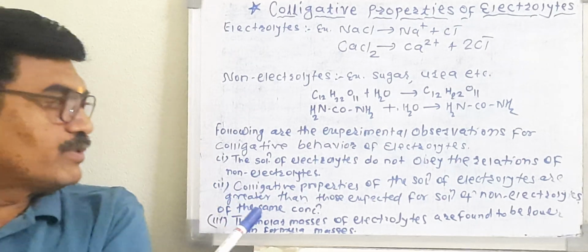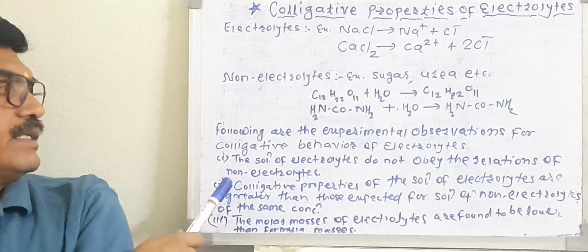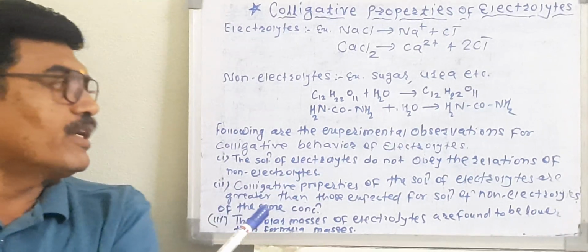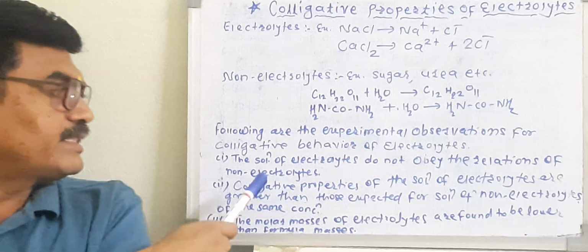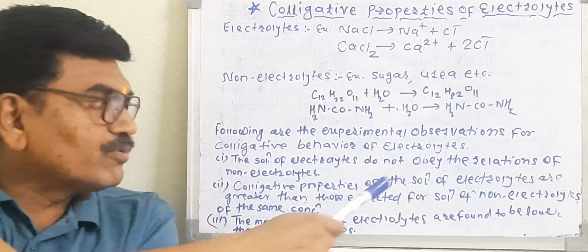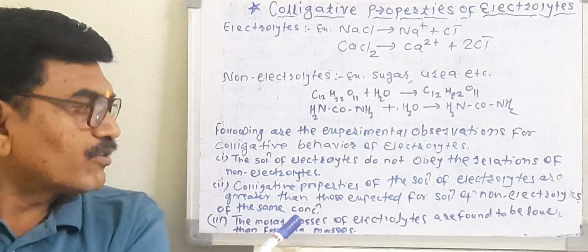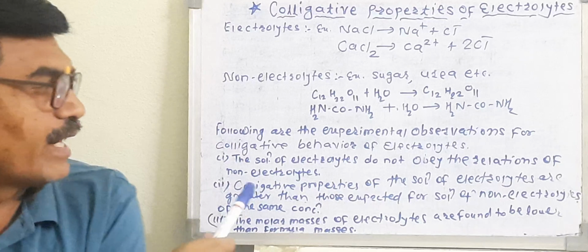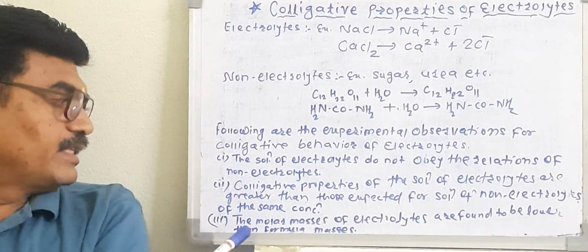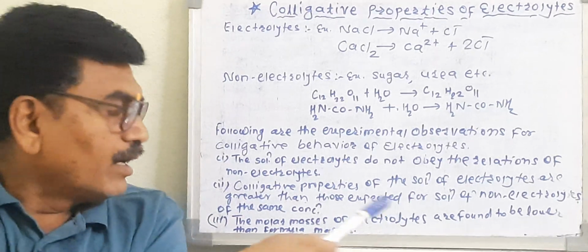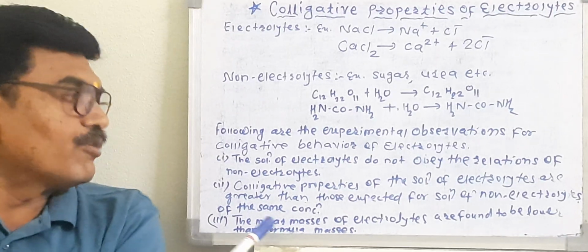So what is observed is that the solutions of electrolytes do not obey the relations of non-electrolytes. Colligative properties of the solutions of electrolytes are greater than expected for solutions of non-electrolytes, and furthermore the molar masses of electrolytes are found to be lower than the formula masses.